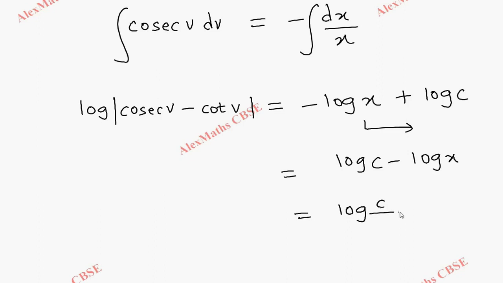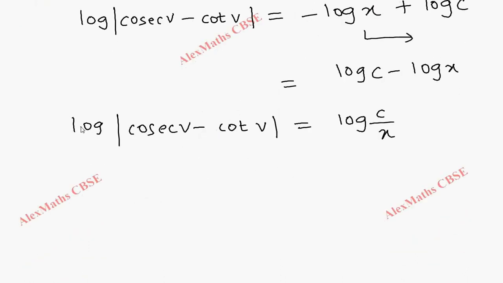So this is log c by x, and on the other side we have as it is log mod cosecant v minus cot v. Now we can remove log on both the sides. So we have modulus of cosecant v minus cot v equal to c by x.